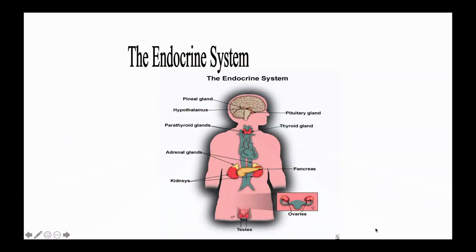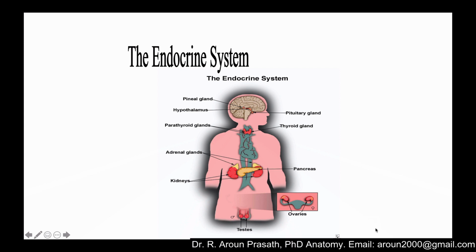Today, in this lecture, I am going to discuss the endocrine system. In the learning objectives, we will discuss the hormones and their action method, the various locations of endocrine glands in the human body, the various hormones secreted by each endocrine gland, and also the functions of each hormone.